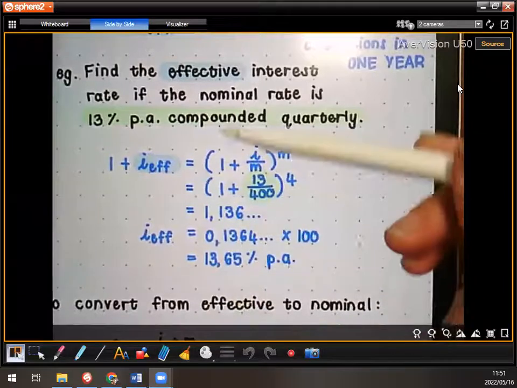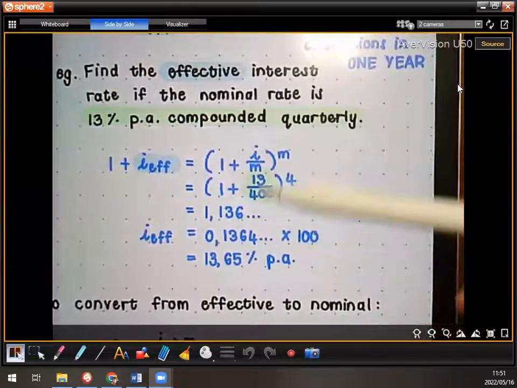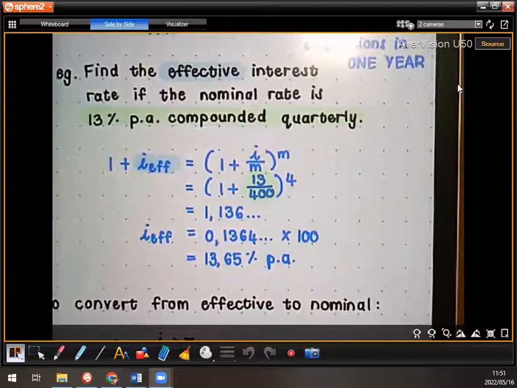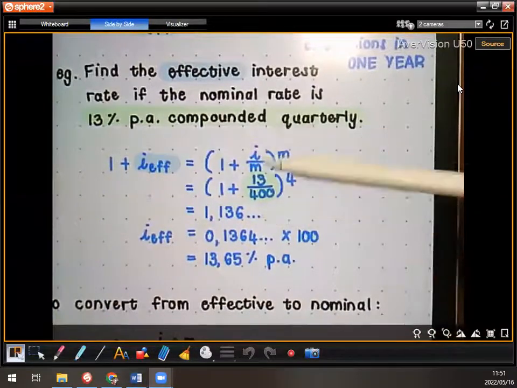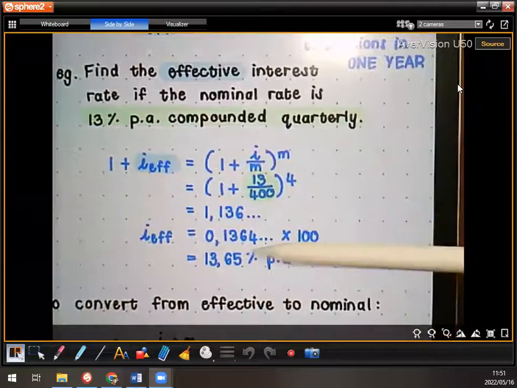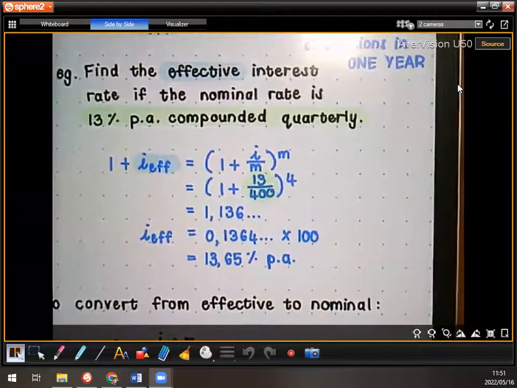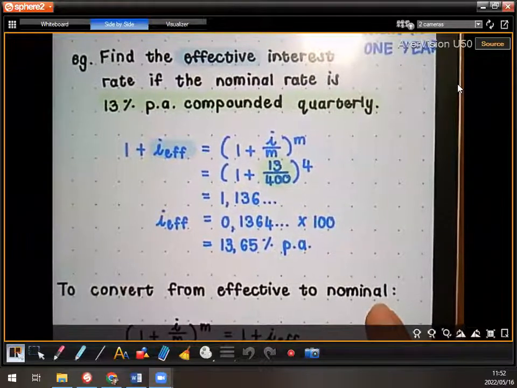So these two interest rates would give you the same amount of money after however many years you invested. So guys, it's just a case of subbing values into the calculator, minusing one, and then times the final. Any questions on that?